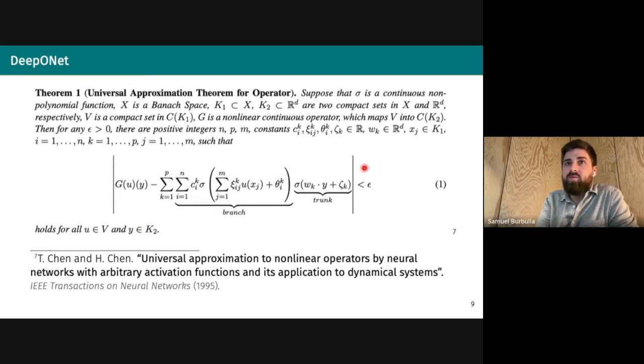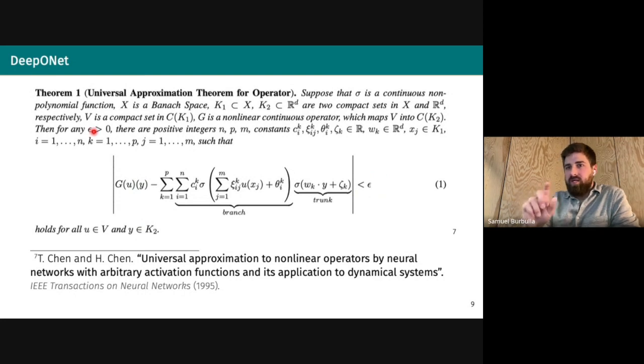So this is where x comes into play. The statement says there is a list of x where we have to evaluate our input function u, and then we also have some weights and some connection like this, such that we can approximate the mapped function in every coordinate y with a desired accuracy.